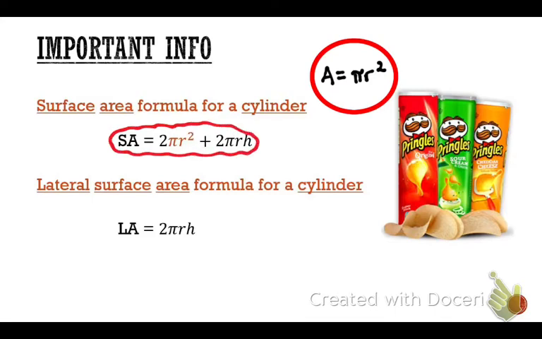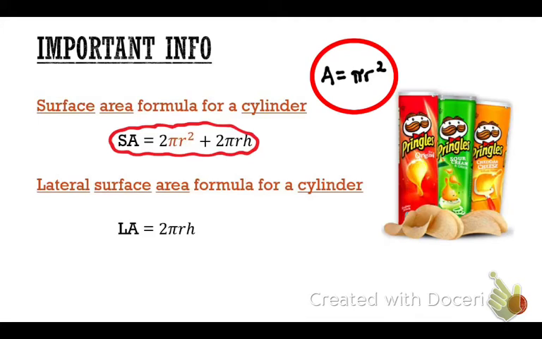Now the next thing it says here is to find the lateral surface area. Do you remember yesterday we talked about lateral faces? Yes, ma'am. Okay, so yesterday we had a rectangular prism. We talked about the base, the top, and the bottom. What were all the things on the side called? Lateral faces. Okay, so that's the part on the outside.